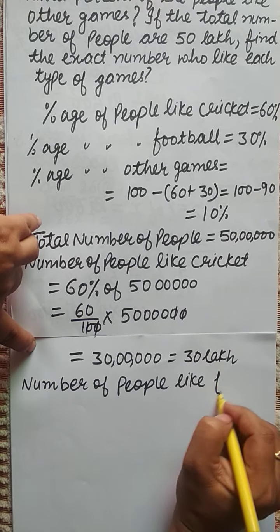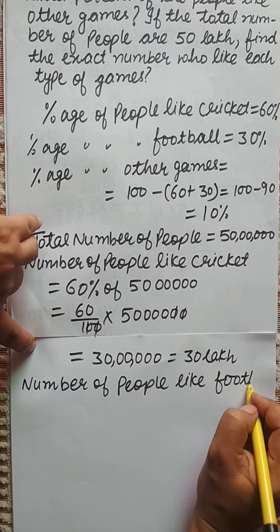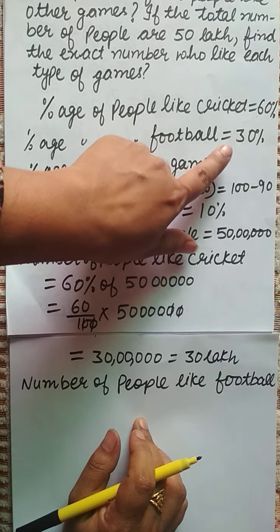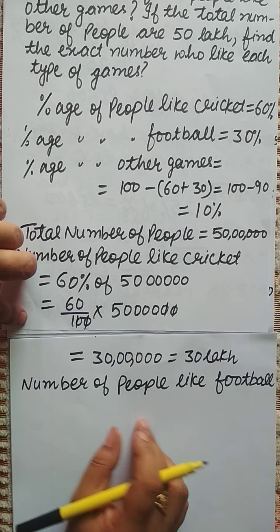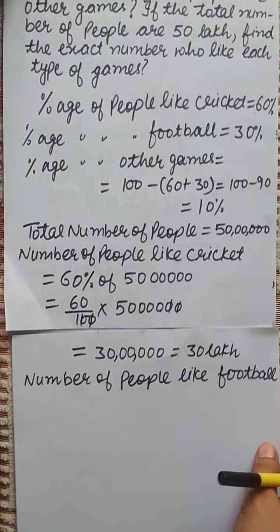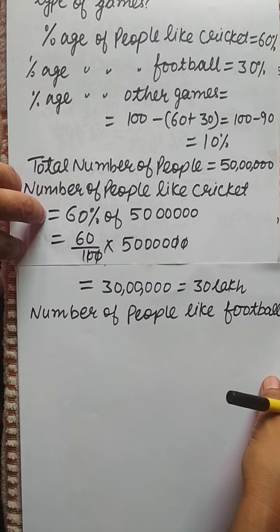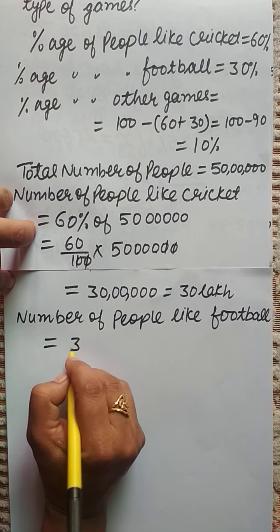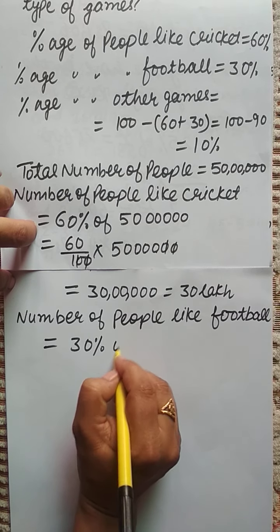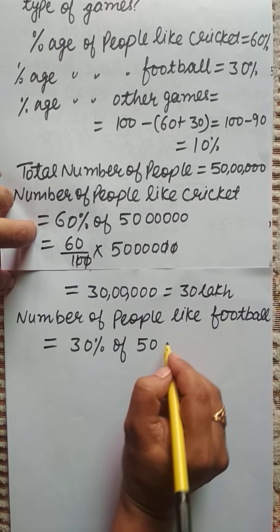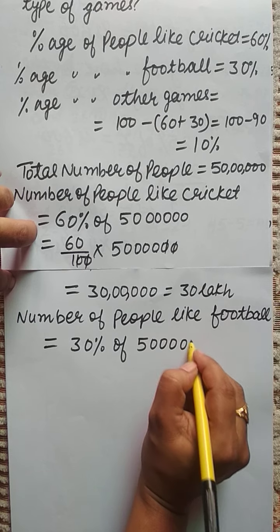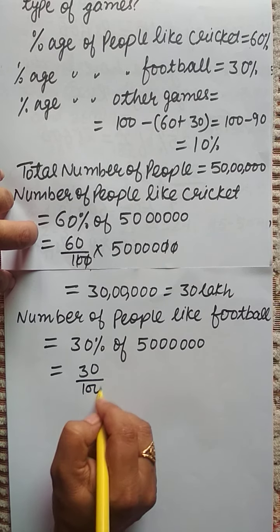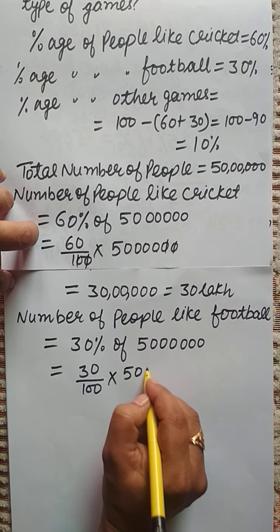Next is the number of people who like football. And we know that for football the percentage is 30%. So I can write here as 30% of 50 lakh. So it is 30 by 100 multiplied by 50 lakh.